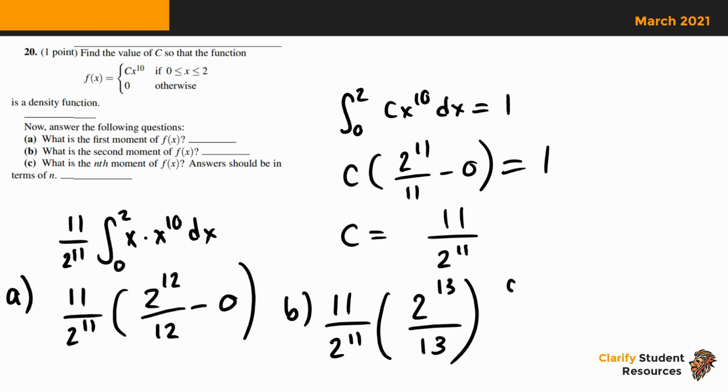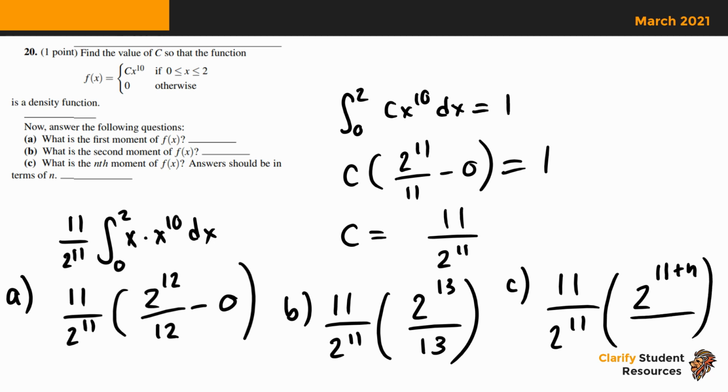The nth moment is going to be 11 over 2 to the 11, which is constant, and then we're going to have 2 to the power of 11 plus n, over 11 plus n.